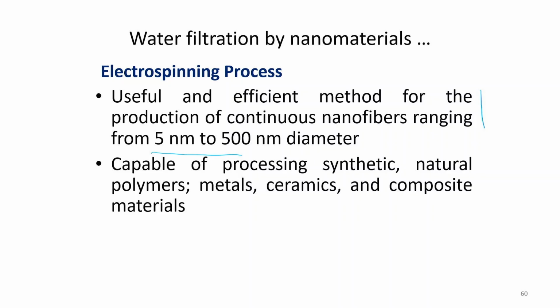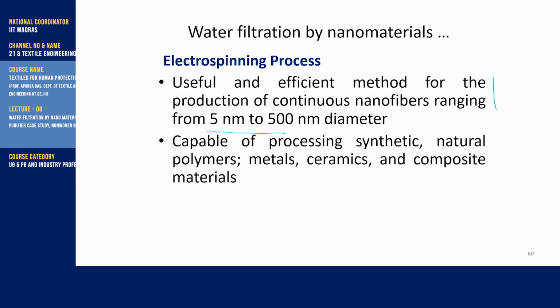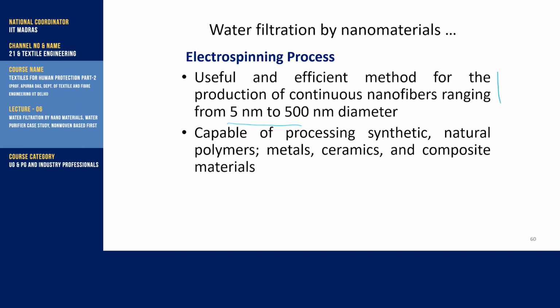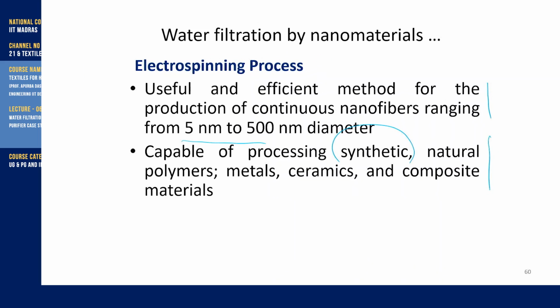Another advantage is that electrospinning is capable of processing synthetic material, natural material, metal, ceramics and also composite material. So, through electrospinning we can use many different types of materials.